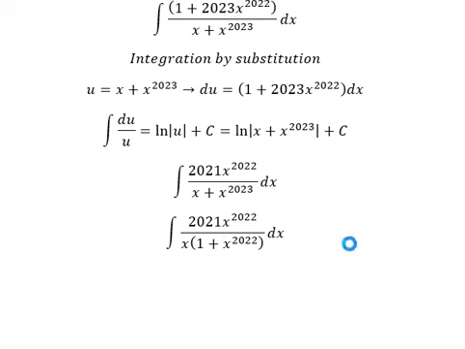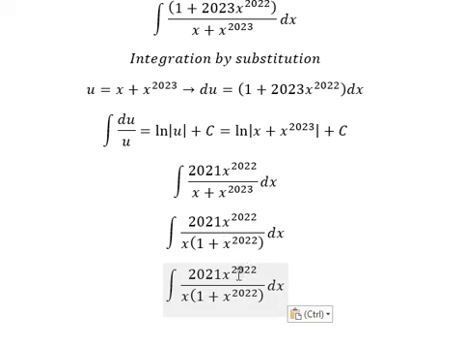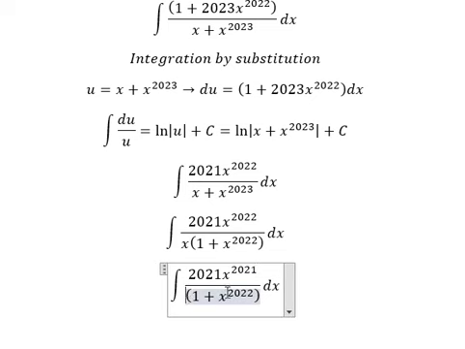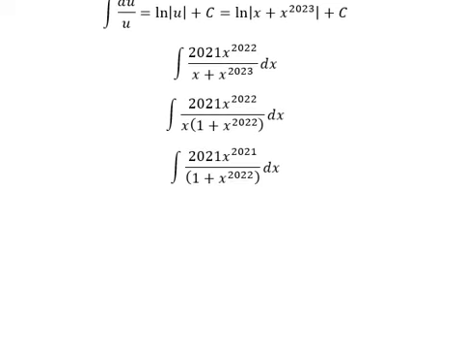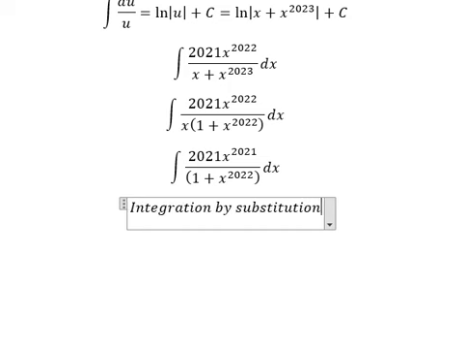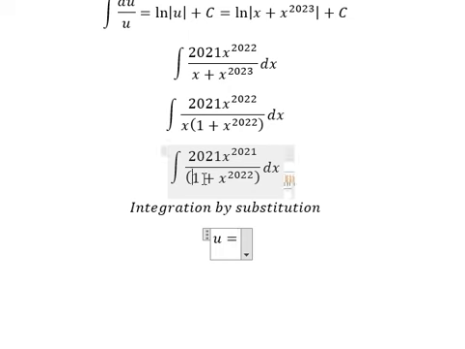Now we simplify s on the numerator and denominator. Next, we can use integration by substitution. So I will put u equals this one.